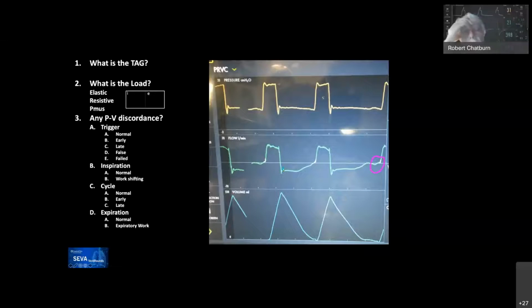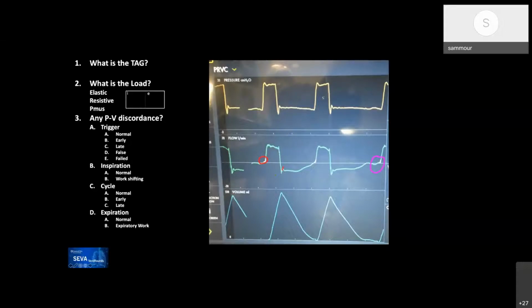Is this a pressure or flow trigger? I would honestly say this is a flow trigger. Yeah, you can see a little white segment on the green that the ventilator is indicating to you was the signal used to trigger with. Yep. I don't really see much of a downward deflection in pressure to suggest it's a pressure trigger.